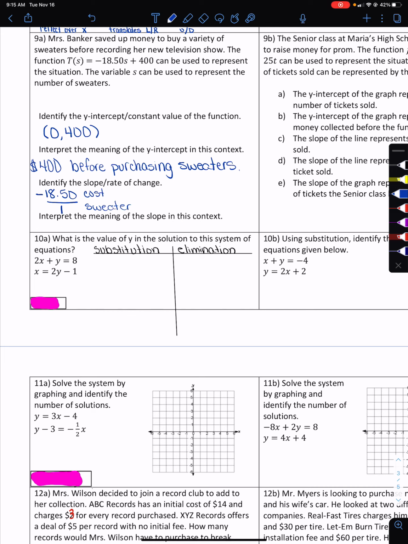So to interpret the meaning, each sweater costs $18.50. And the reason that it's negative is because she's spending money away from her positive 400. Okay? All right, I want you to go try 9B, please.